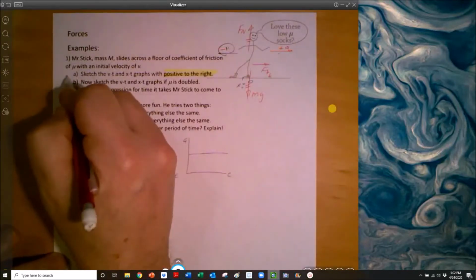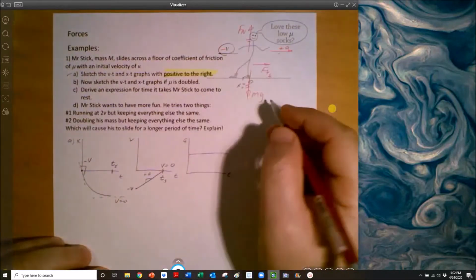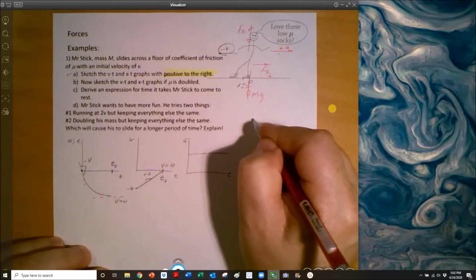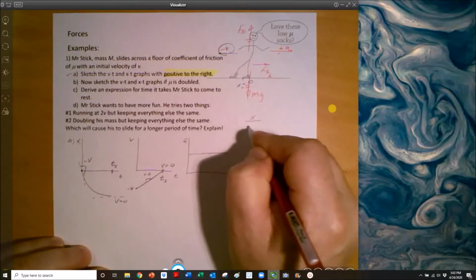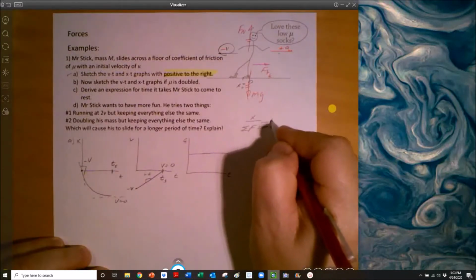All right, question B says sketch V and T graphs, or V and X graphs, if mu is doubled. So I'm going to need a little bit more information here. Let's use forces to figure out what that's going to do to our acceleration. In the x direction, the sum of the forces equals ma, positives to the right.